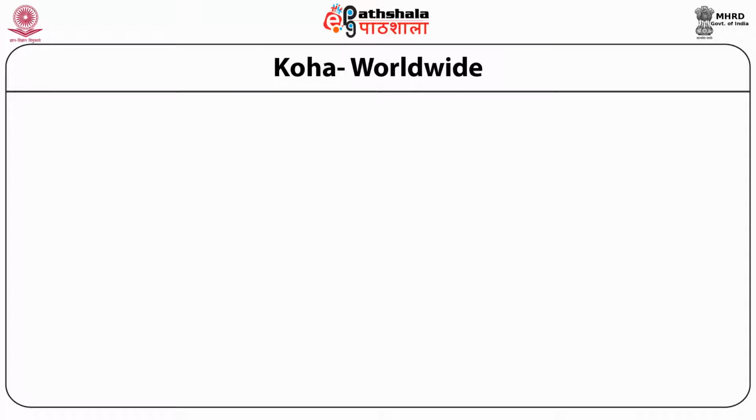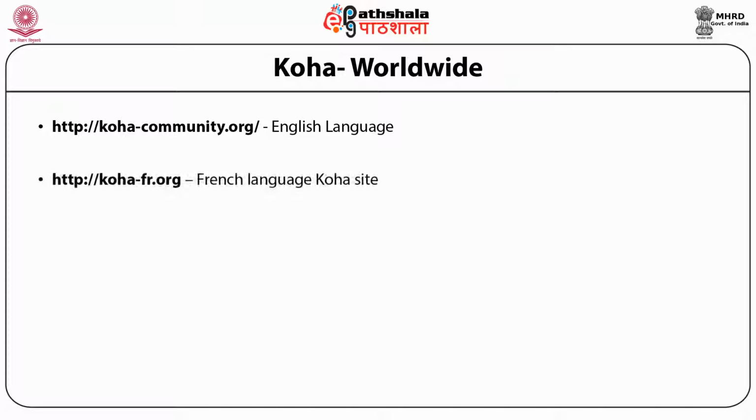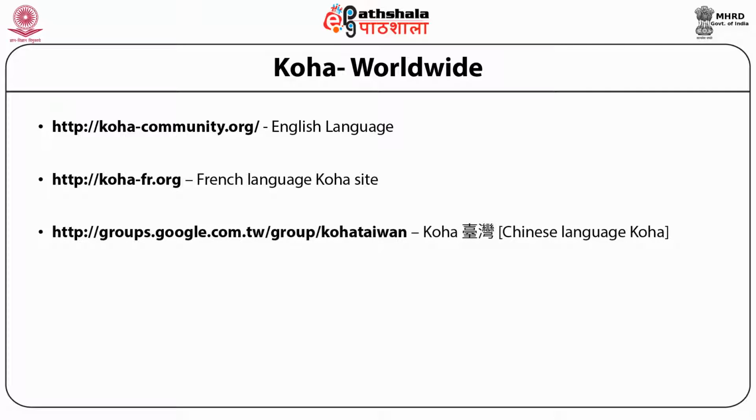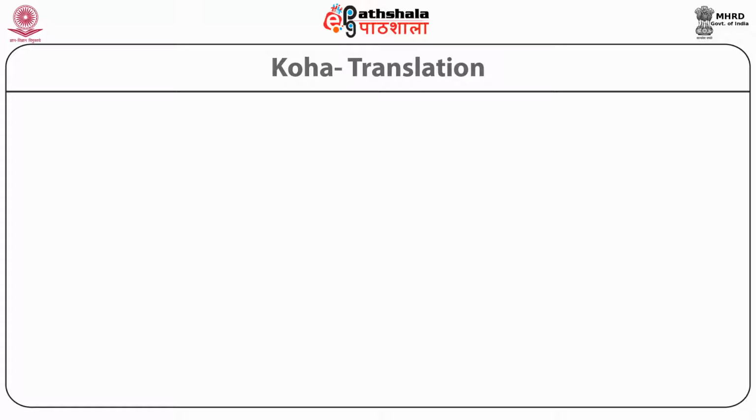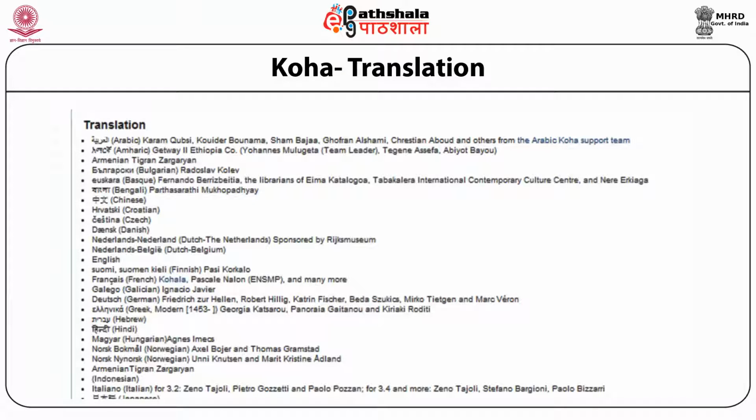The screen shows the major websites of Koha in different languages: English, French, Chinese, Italian, and Spanish. The screen shows some of the 47 languages in which translations of Koha are available.